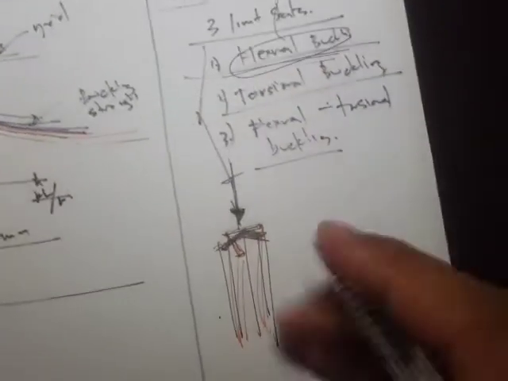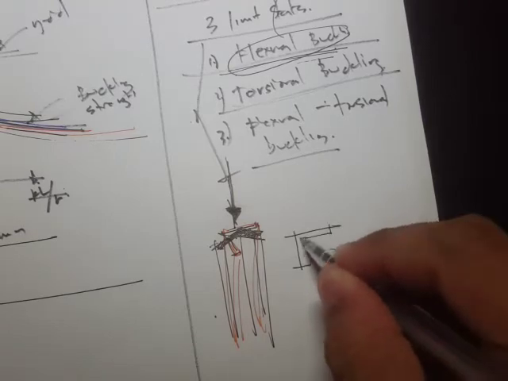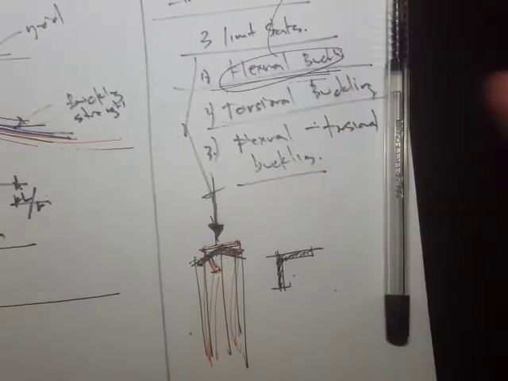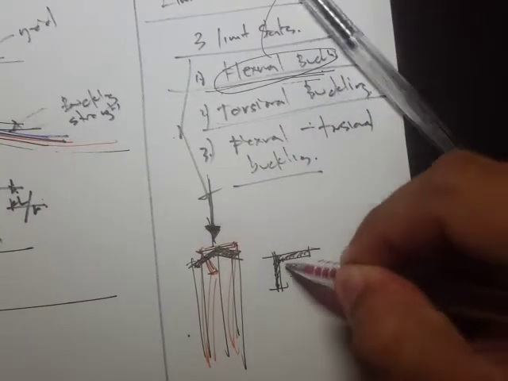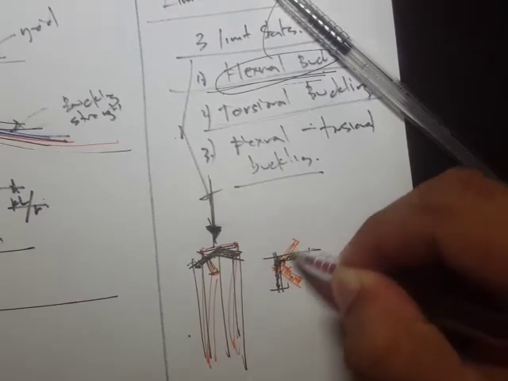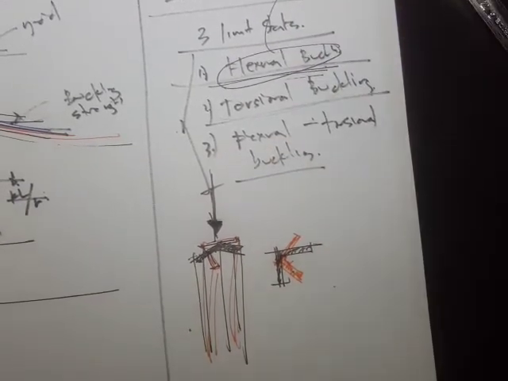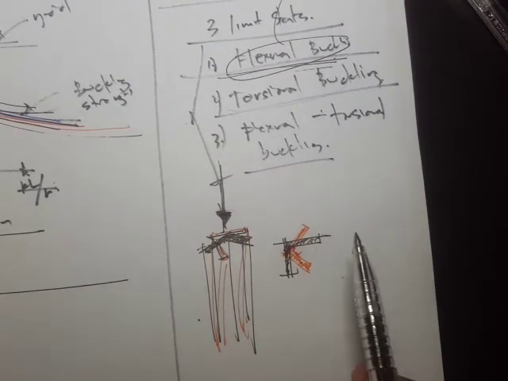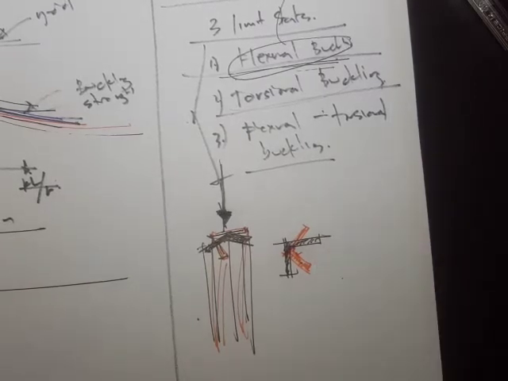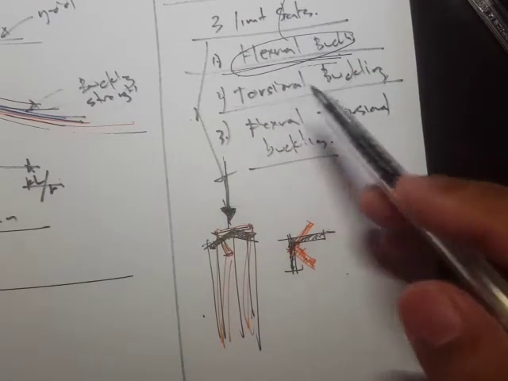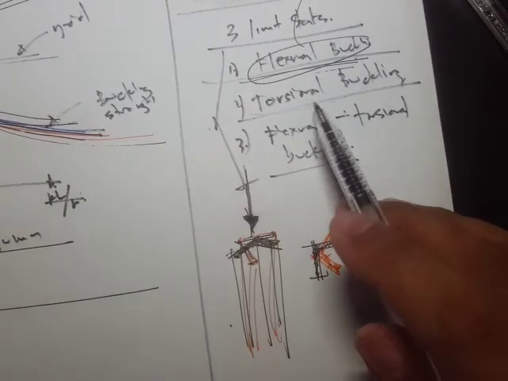Let me draw the top view. Let's say this is the original configuration, but under compressive forces, it actually twists something like this. So that's the torsional buckling, and the third one is basically the combination of the two. So it twists and it bends.